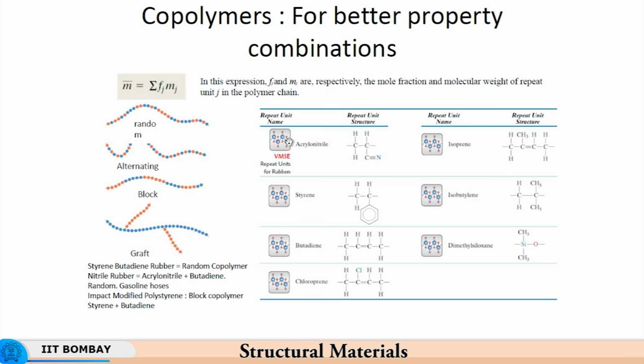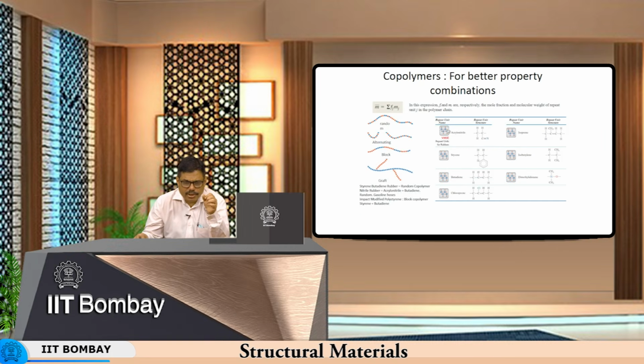Whereas if you have a definite pattern like alternating polymer and copolymer chains, say you have styrene and butadiene that alternate with each other in both the chains, it is possible for me to align them, and then it forms a structure similar to a crystalline structure. So you can have a crystalline polymer there.